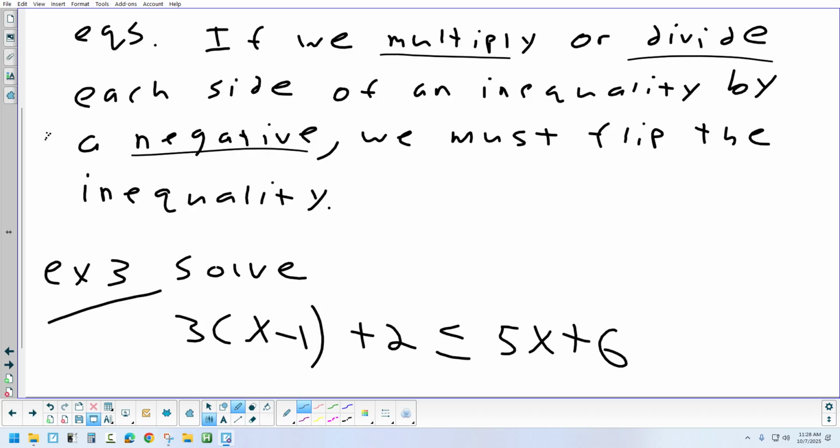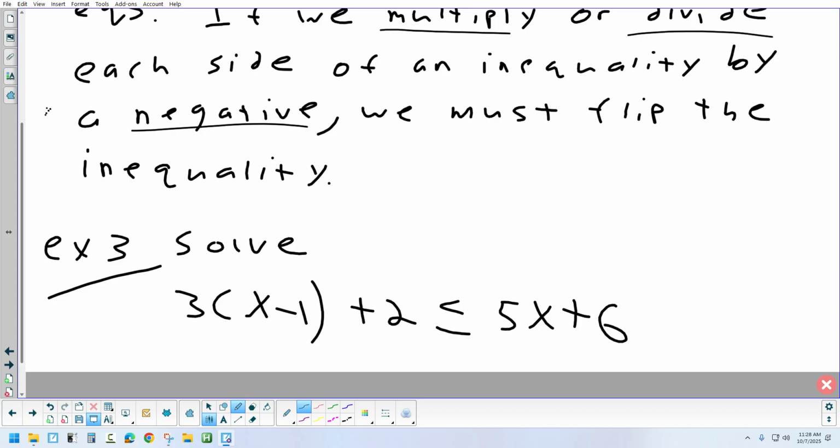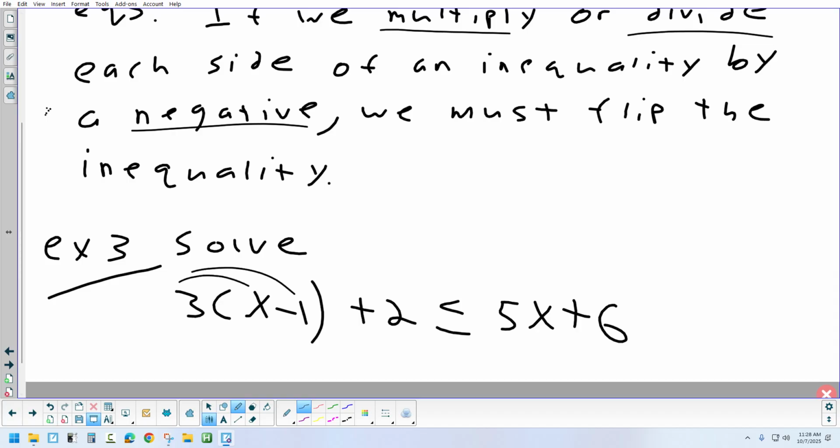So what would your first step be in that problem? Yep, we've got to distribute. So that's 3x minus 3 plus 2. What's minus 3 plus 2? Negative 1. So I distribute and combine like terms at the same time.